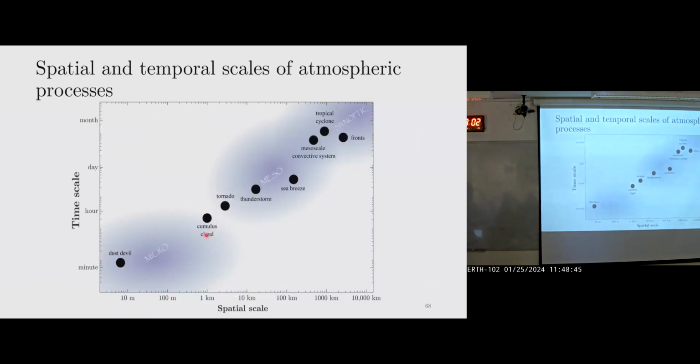And going back to this textbook representation, which we all know from our history at some point, there is this correlation between the spatial and temporal scales of many atmospheric phenomena. All the way from dust devils in the microscale through cumulus clouds and to the synoptic scale, generally they fall on this linear curve on a log-log plane without very big perturbations to it. So today we've focused on these cumulus clouds, again, of order 1 kilometer, living for maybe half an hour.